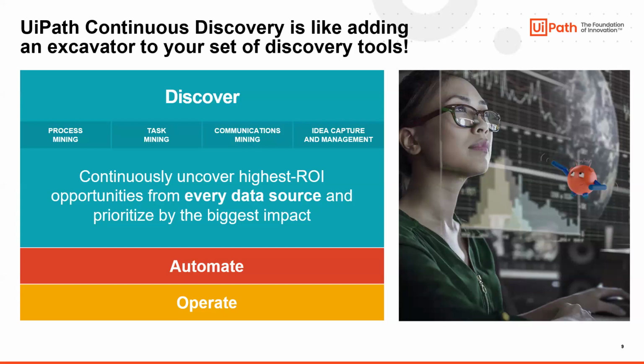Automation hub is a single platform: irrespective of whether you have sourced the idea from process mining, from task mining, or directly from your employees, you can manage them under automation hub. That is your one single platform. These discovery tools help you identify the highest ROI opportunities from every data source and prioritize them by the biggest impact in automation hub.